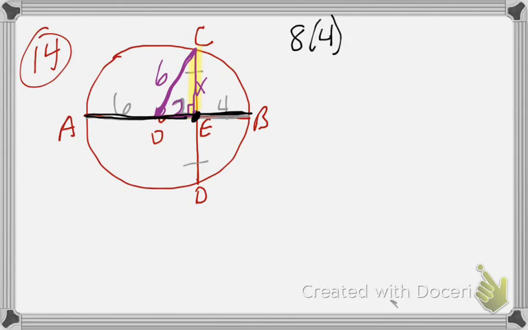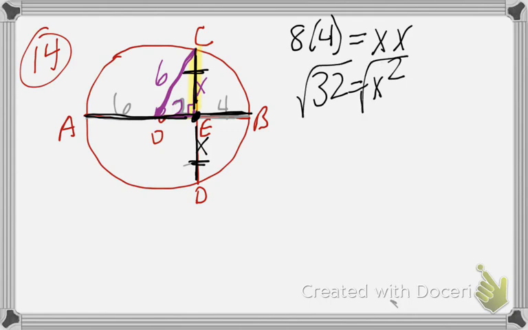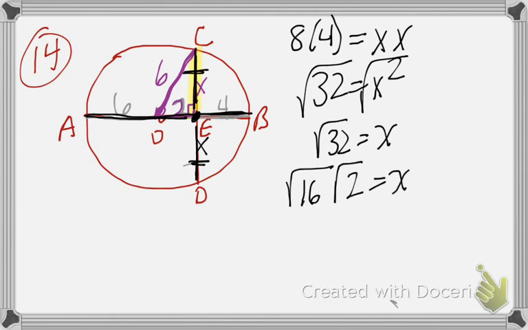So the piece times the piece has to equal this piece times this piece. But we know that these two pieces are equal, so we can call them each x. So you get 32 equals x squared. Take the square root of both sides. And again, simplify into 16 and 2. And you will get that 4 radical 2 equals x.